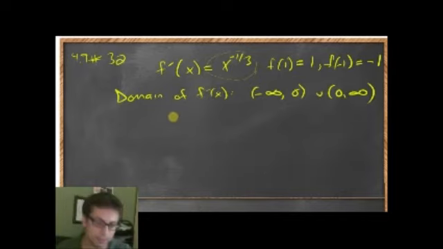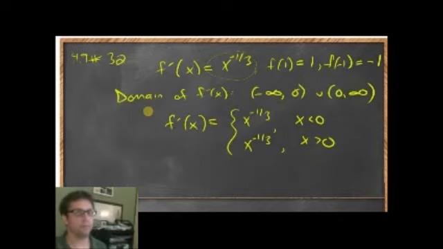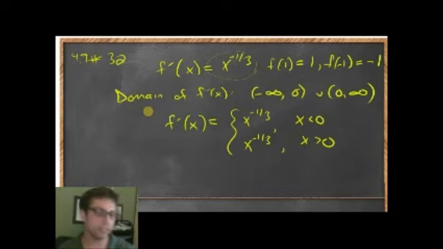I mean, it will look kind of stupid, but f prime of x is going to equal x to the negative 1/3 when x is less than 0, and then it will also equal x to the negative 1/3 when x is greater than 0. So you can take any function and make it a piecewise function. It would be stupid, but this one you kind of have to, because 0 isn't included, so it actually splits up the domain into two parts.